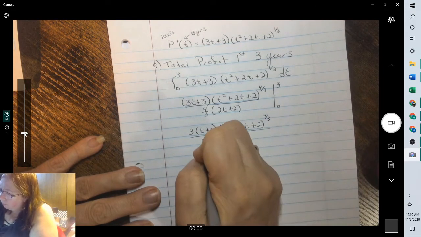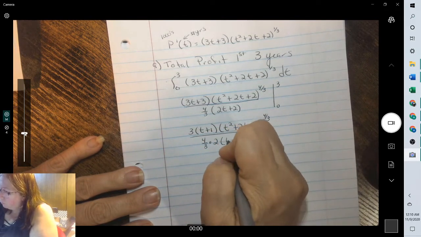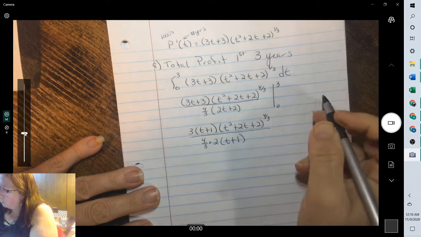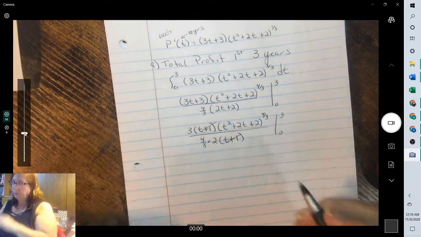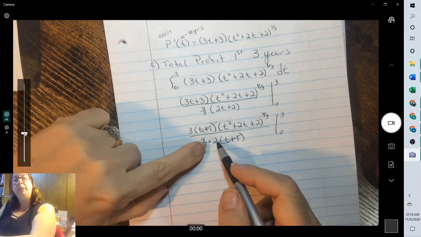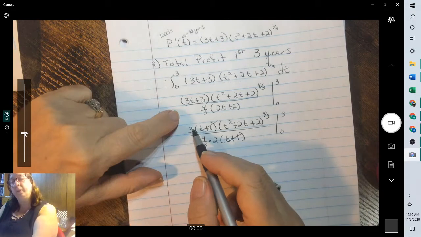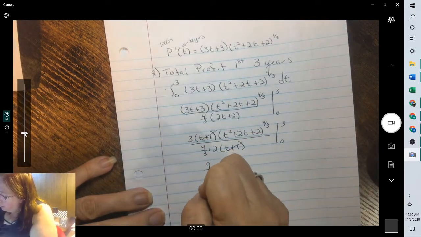In the bottom, I can pull a 2. That way the t plus 1's cancel. Now simplifying this would be 8/3, and then flip it and multiply. It becomes 9/8.